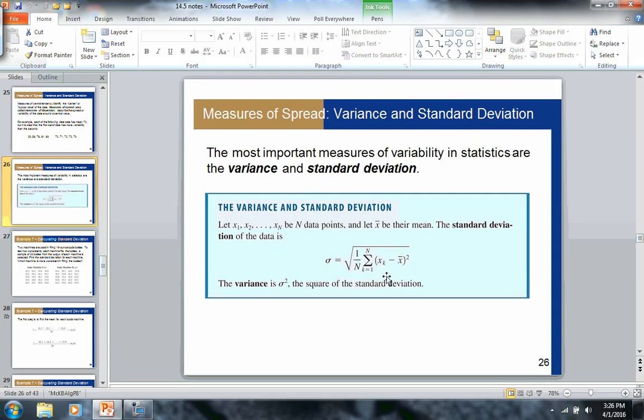And then we're going to find the sum. And the sum is going from the first data point to the last. And we're basically taking that data point and then we're subtracting the average. It says up here that the x with the line over it stands for the mean. And then we're going to square it.